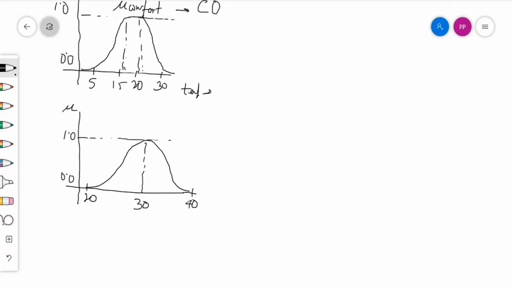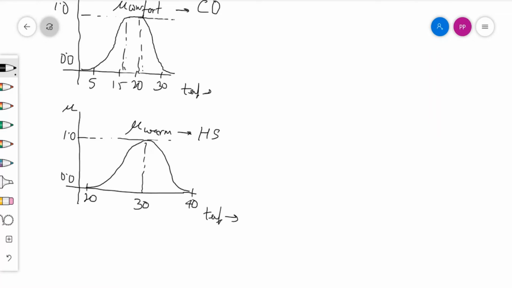Now we are having little warm. Little warm means you can say that the membership function can be defined as mu warm, and this is on the hot but small side. So here it is temperature.